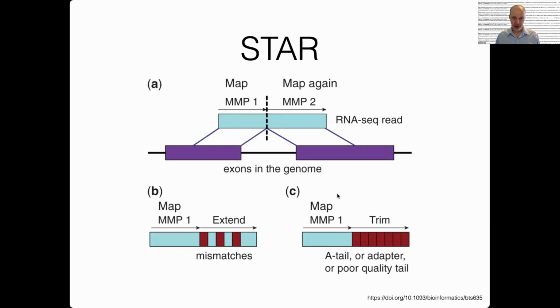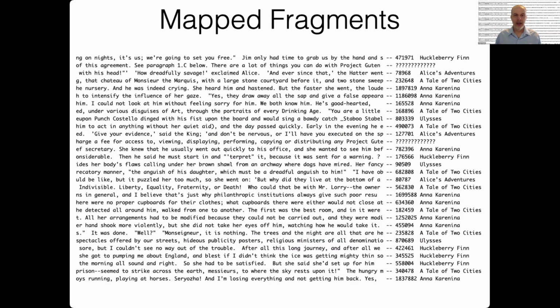We're going to use this algorithm called STAR. It's a very popular software for RNA-seq data. Now, STAR is a method that's used for analyzing a lot of high throughput sequencing data, including DNA-seq data.